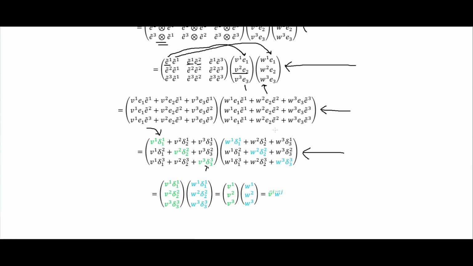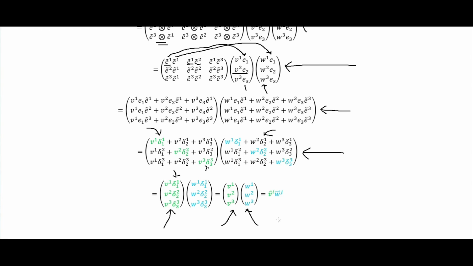And then the same thing for our W vector here. And so we end up with our V1 times this Kronecker delta element here, which is just 1. So it's just V1 times 1, V2 times 1, V3 times 1. So we end up with these ones here.